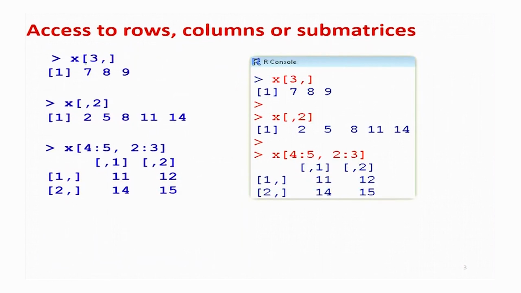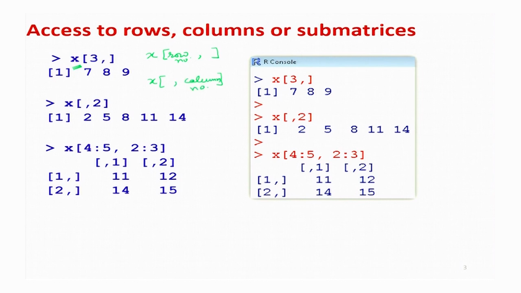The syntax is: write the name of the matrix X, then the square bracket, and if you want to access a particular row, write the row number and then a comma. On the other hand, if you want to access a particular column, you write the name of the matrix and square bracket, write a comma and then write the column number. That is the way we can access it.